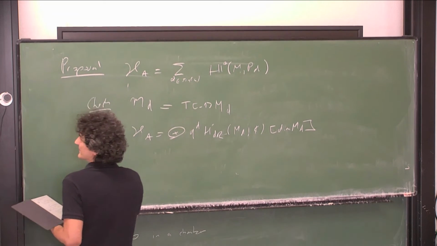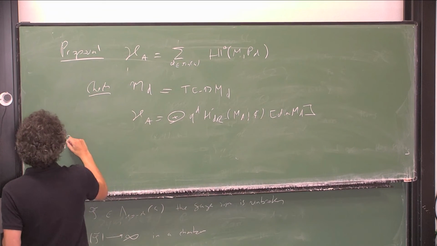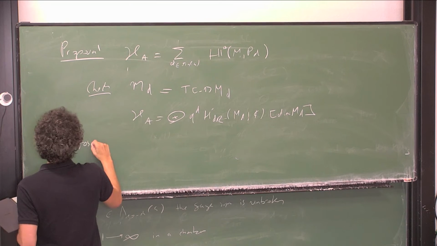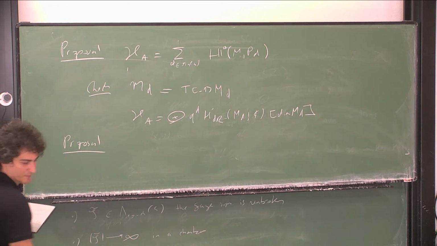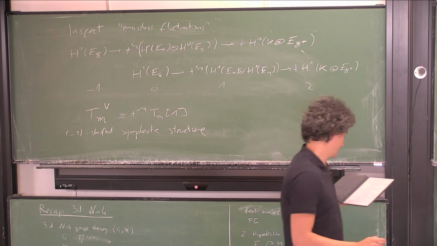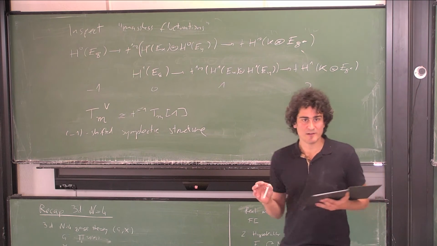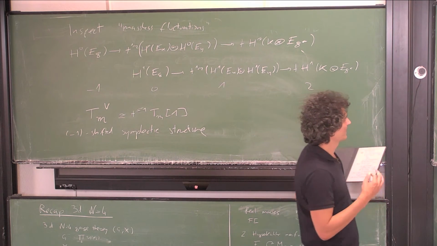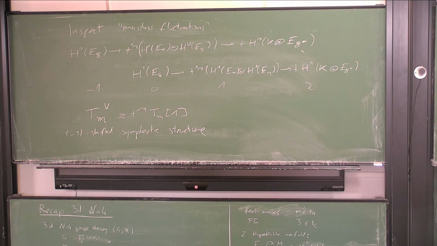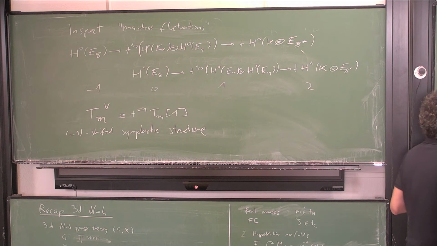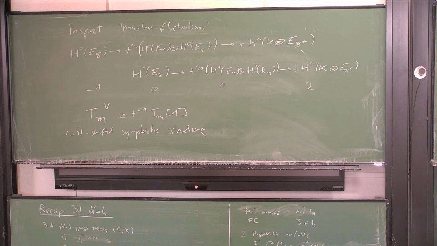Then a second proposal that we had is that under our assumptions you can make use of the theory of what is called hyperbolic localization, which essentially tells you that you can localize this cohomology, so this perverse sheaf, to the fixed points under the action.